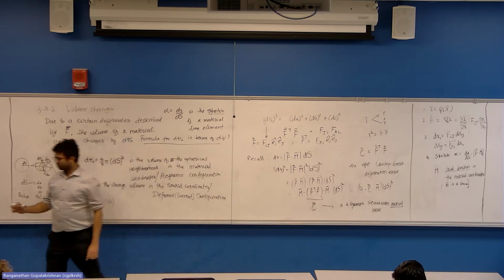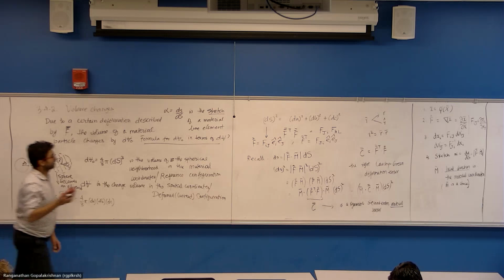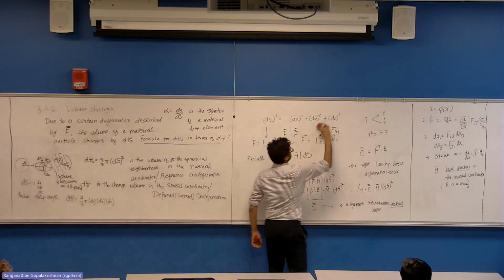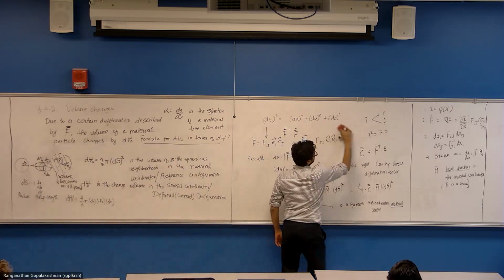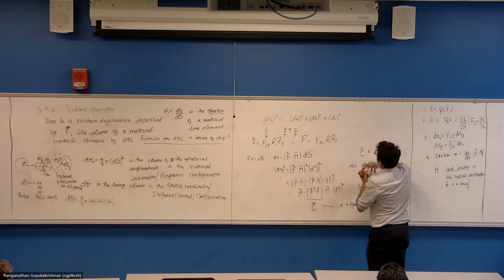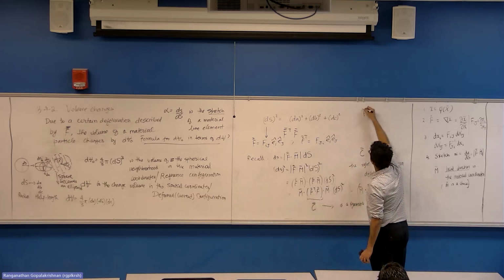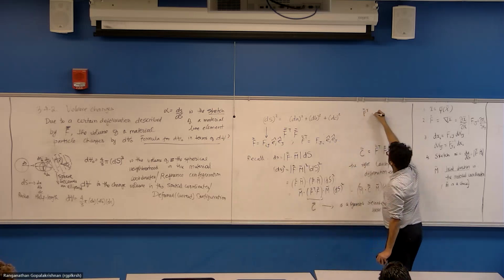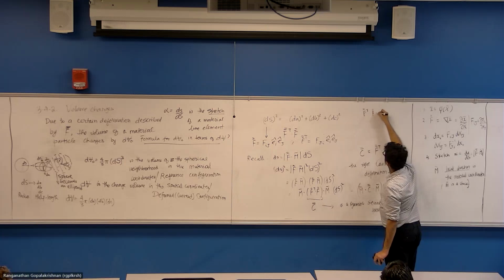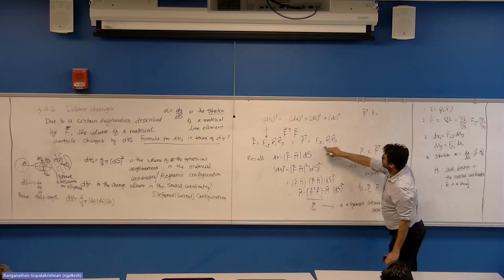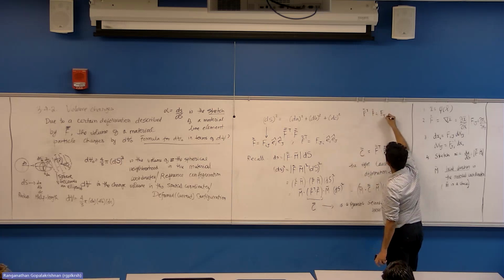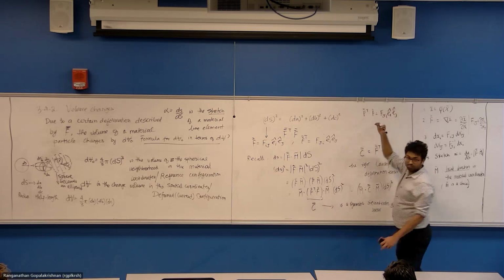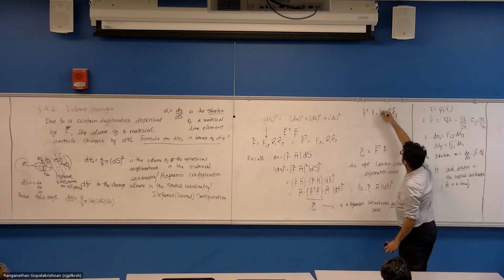What is F transpose dot F? We'll write F transpose generally as Fji Ei Ej. With me so far?